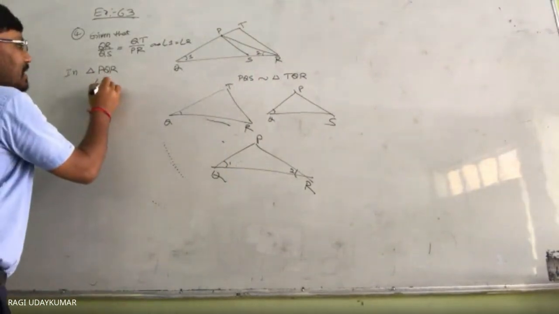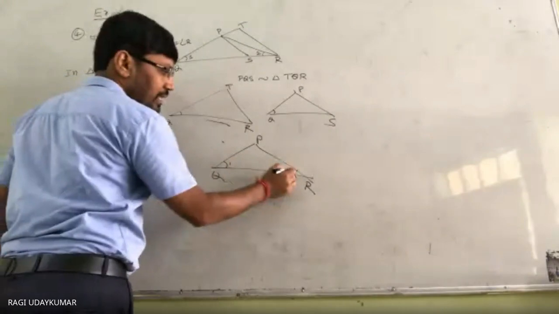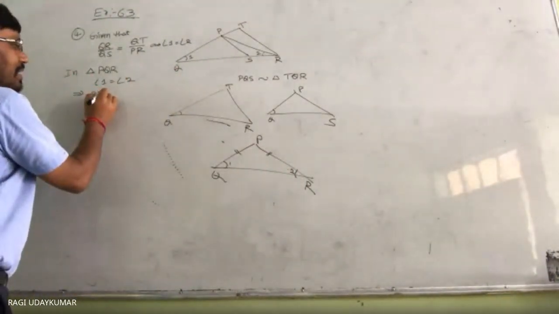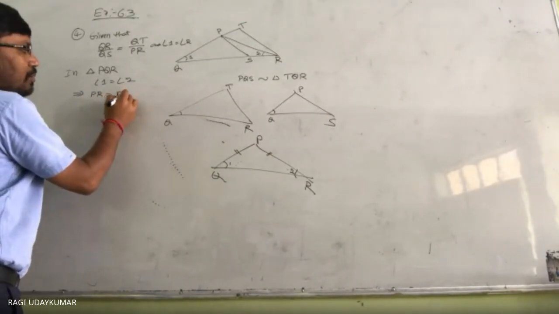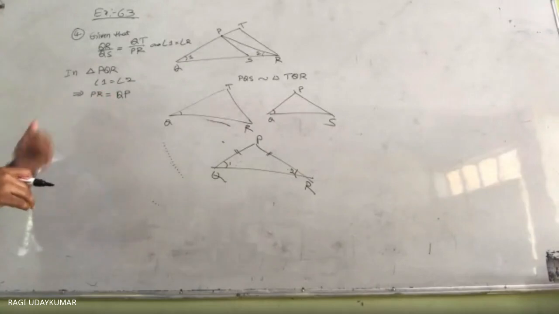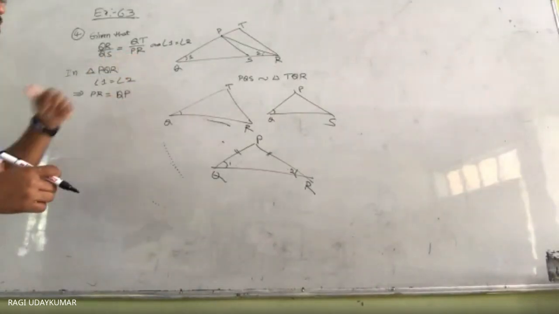Angle 1 is equal to angle 2 implies, this angle equal to this angle, so the opposite sides are equal. PR length is equal to QP. So we can replace the PR with the QP. Why?